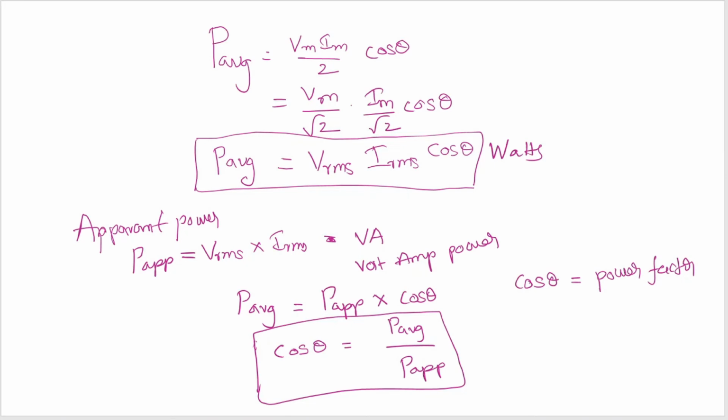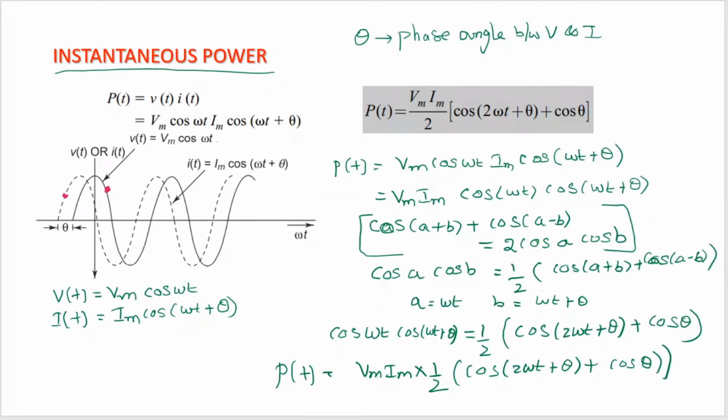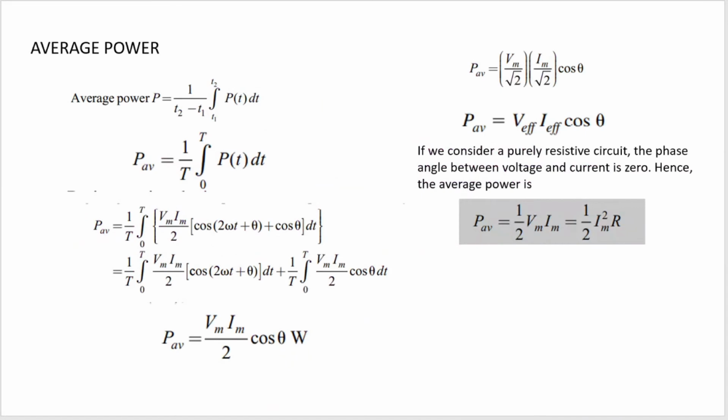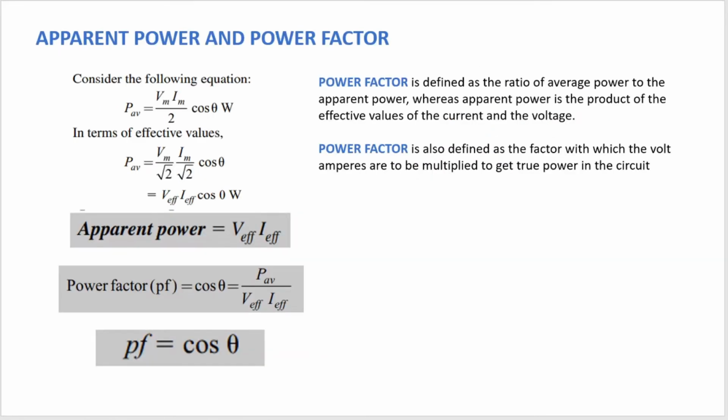In the starting, we took theta as the angle between voltage and current. And here we are defining cos theta as the ratio of average power to apparent power. So power factor is defined as the ratio of average power to apparent power, whereas apparent power is the product of the effective values.